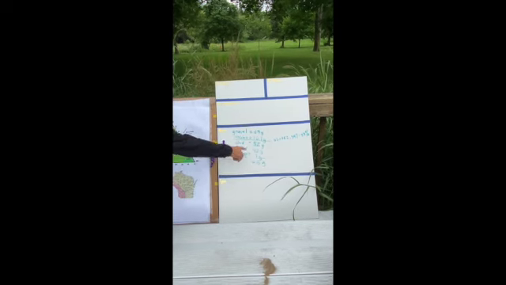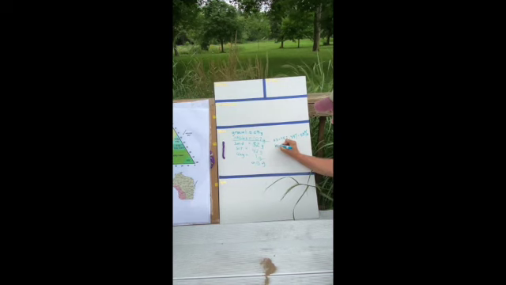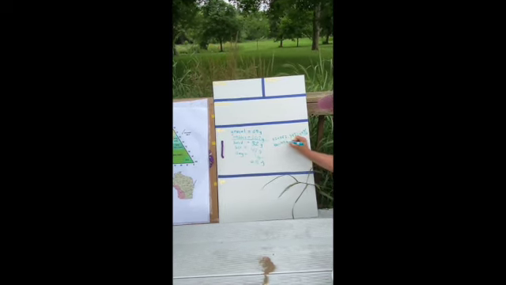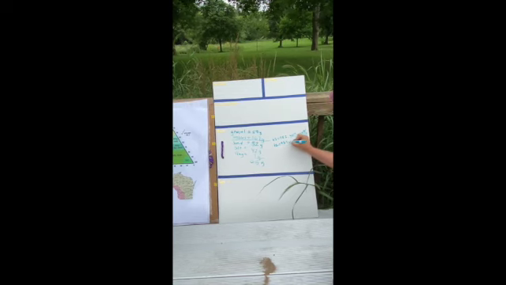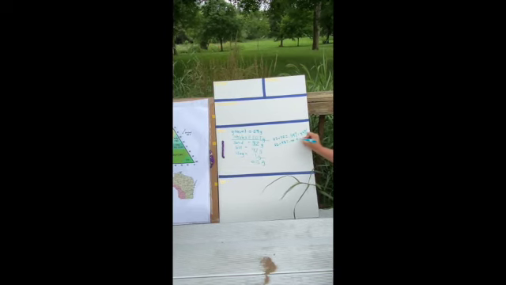We're going to do the same thing with silt. 42 divided by 95 equals 0.44, so it's 44% silt.